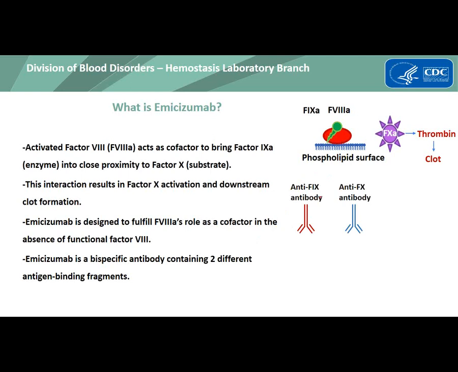Emicizumab is actually derived from two separate monoclonal antibodies, one with specificity to factor IX and the other with specificity to factor X. Through a series of clever molecular biology and cell biology tricks, they were able to create a bispecific antibody containing two different antigen binding fragments, one specific for factor IX and the other specific for factor X. And just by simply binding to its targets, emicizumab brings 9a in close proximity to 10, leading to thrombin generation and clot formation. This is how emicizumab fills the role of factor VIII.